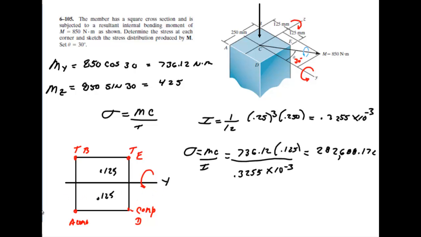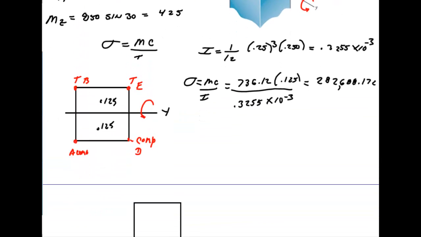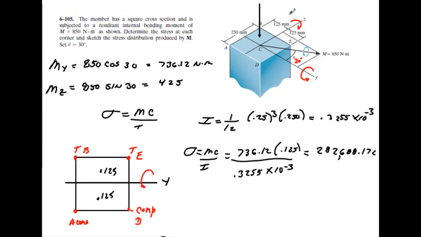Now we'll do the same thing for the Z. We'll come down here and draw ourselves another square like this, and now we're going to draw our Z-axis coming up, a little bit closer to the center. Now we go back to our picture, and we can tell that we're bending this way here.